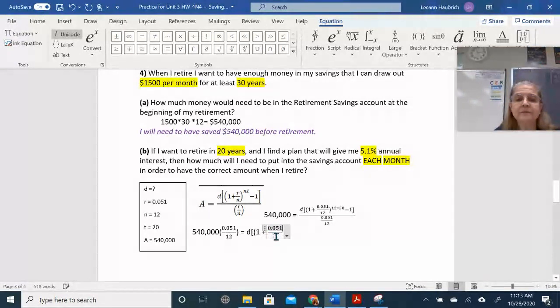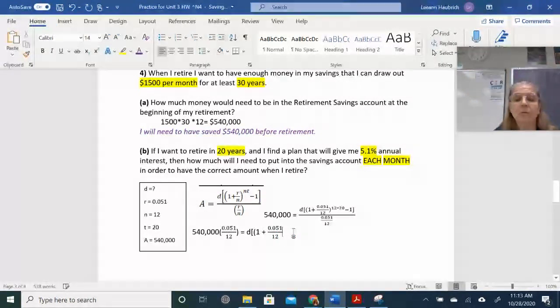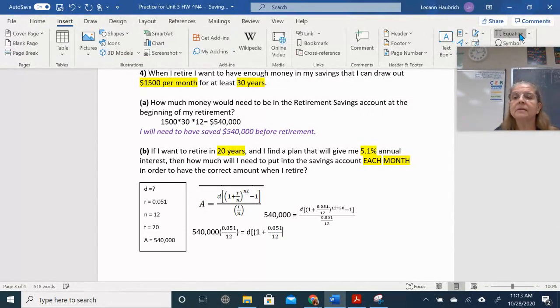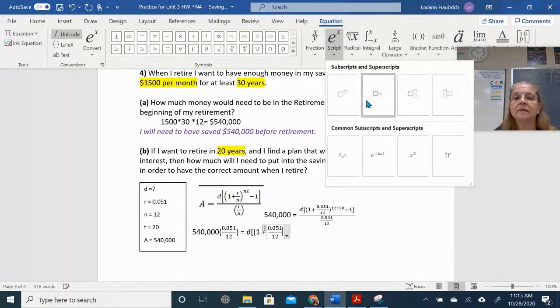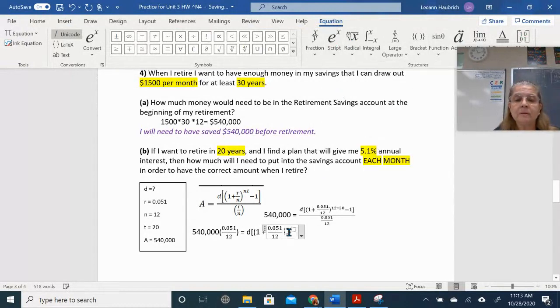0.051 divide by 12, and all of this is going to be raised to an exponent. So I'm going to close off the parentheses, and the exponent is going to be 12 times 20. And then from that, I'm going to hit minus 1.